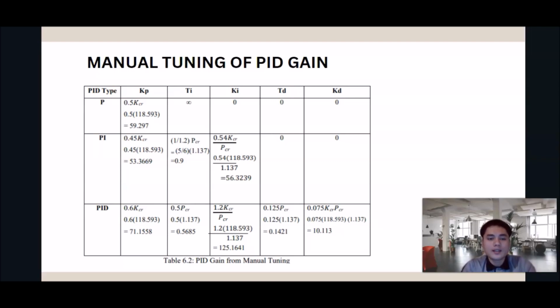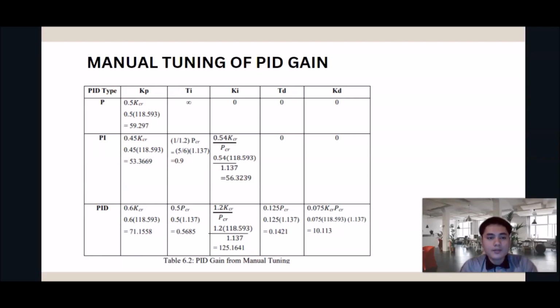We just put in this formula and then we will get 0.9. And for our Ki, for PID type PI is 0.54 K critical divided by P critical. So our value is 56.3239. So our TD for PID type PI is 0 and KD is also 0.